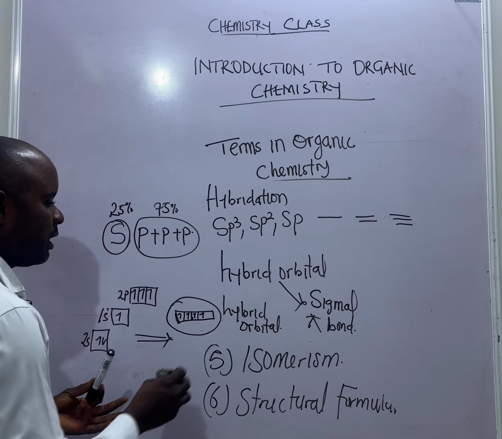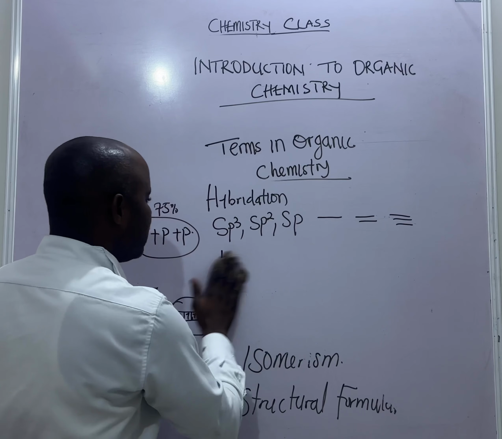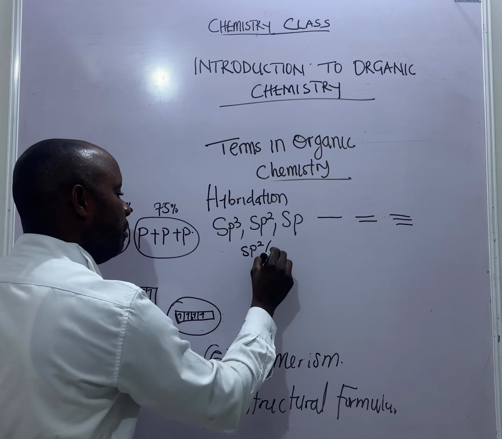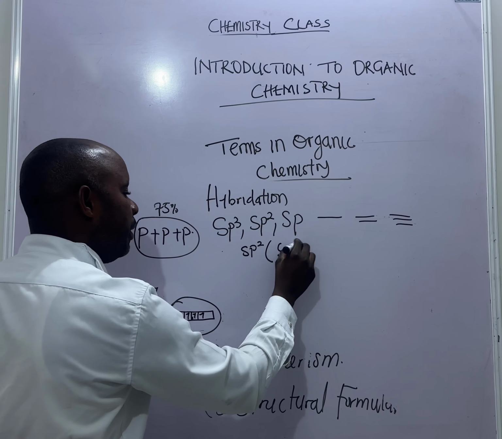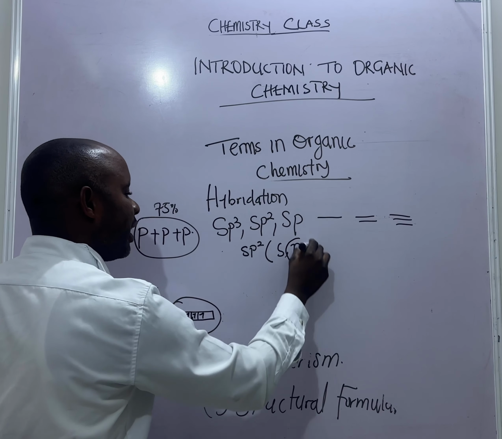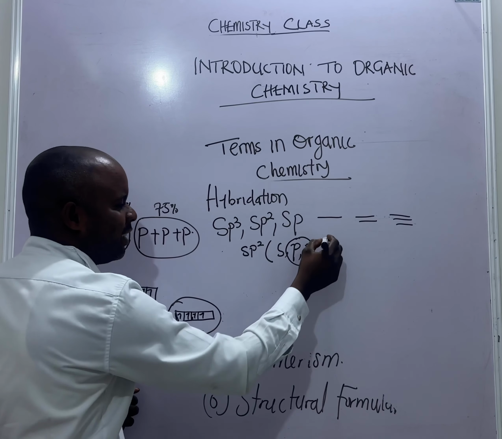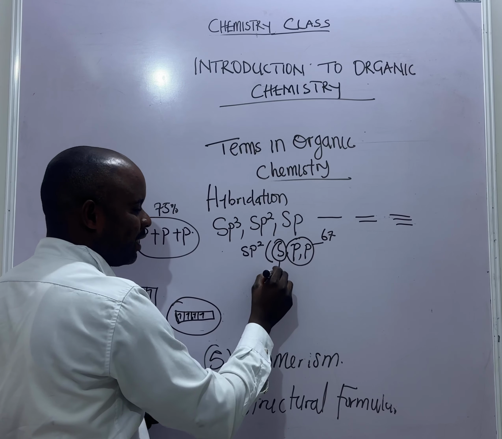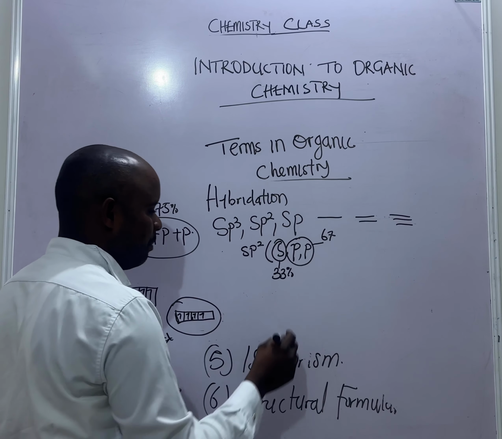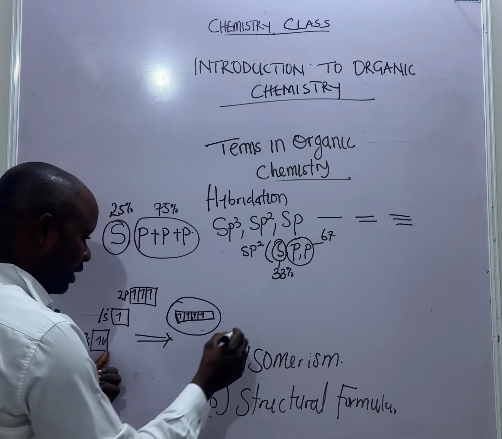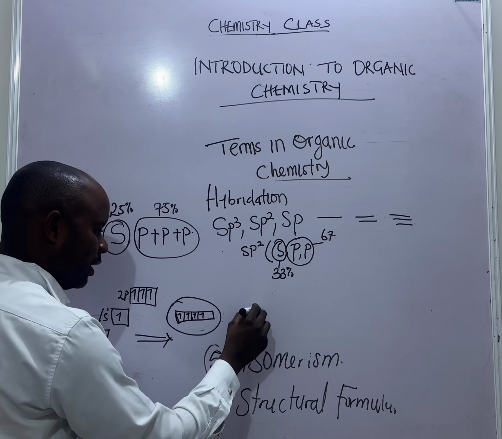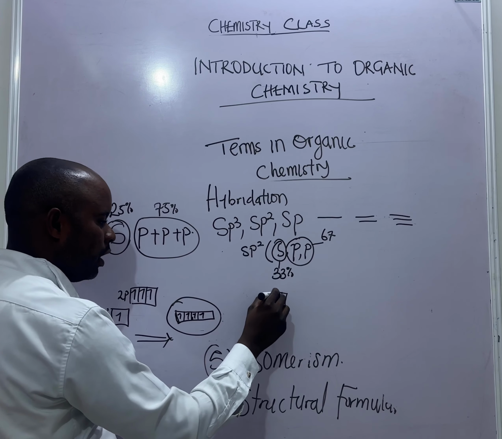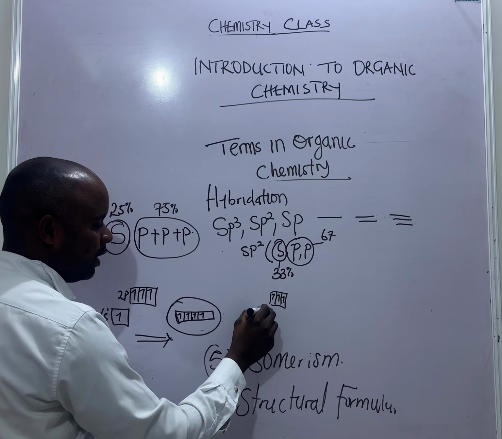So let's talk about the sp2. The sp2 means that one S is contributed and 2p is contributed. By so doing, the character contributed by p is around 67%, while that contributed by S is 33%, to make it 100%. We are going to use the same example, the electronic configuration of carbon, where they are all in the excited state.